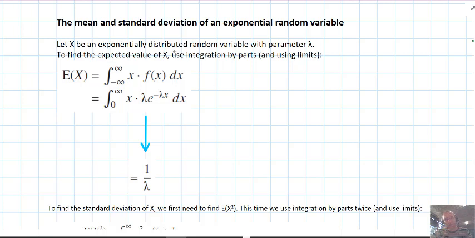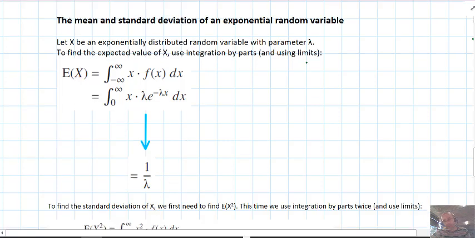But if x is an exponentially distributed random variable with parameter lambda, we're just outlining very briefly in this video how we find the expected value of x, and we use integration by parts, and within that we use limits, and I haven't shown that here. But that's the strategy that you would use, and it comes to 1 over lambda.